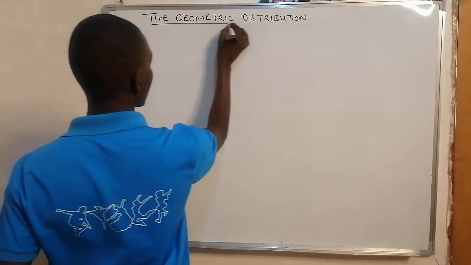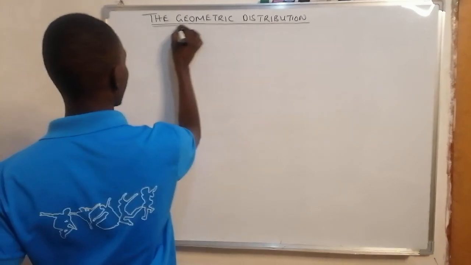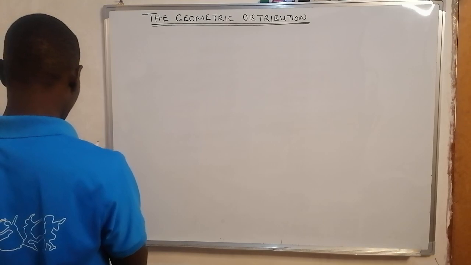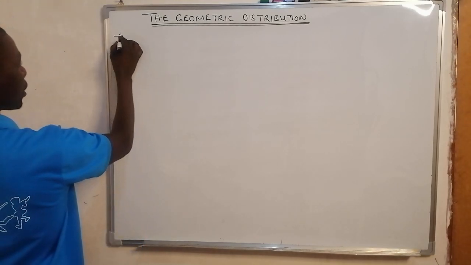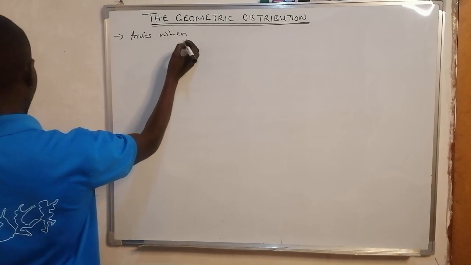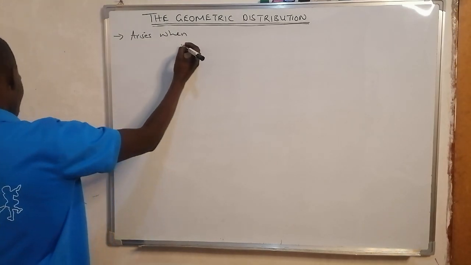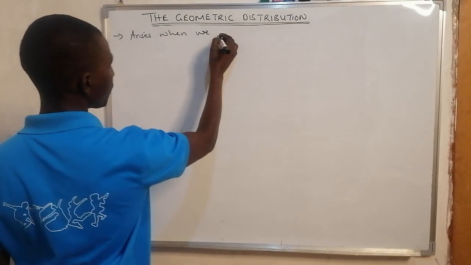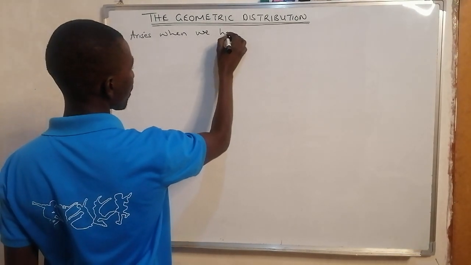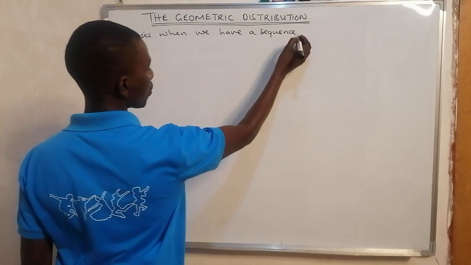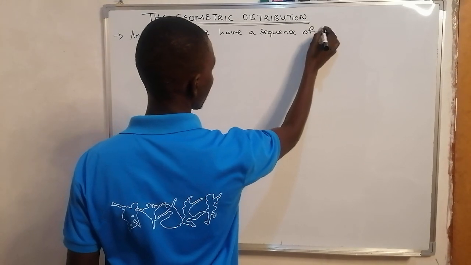Right, a geometric distribution arises when we have a sequence of independent trials.